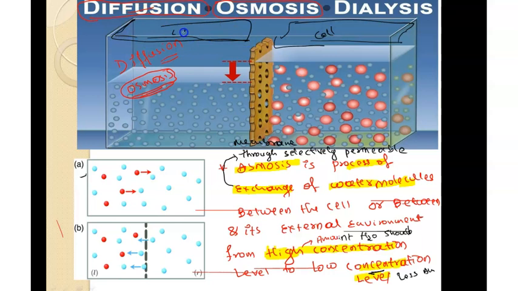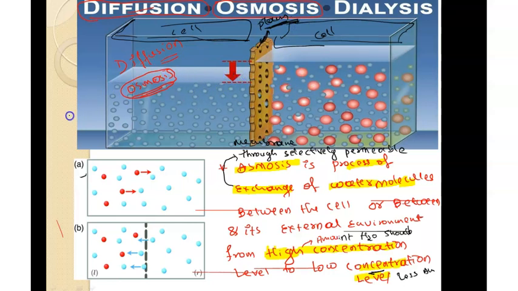The outer cover of the cell is the plasma membrane, which is a selectively permeable membrane. If cells want to exchange their water particles, that has to happen through this permeable membrane only, which allows only selected particles to move through it.